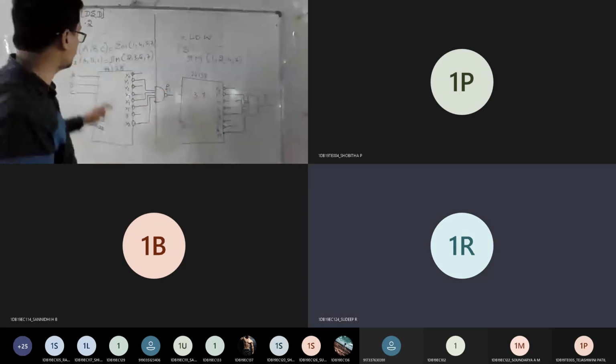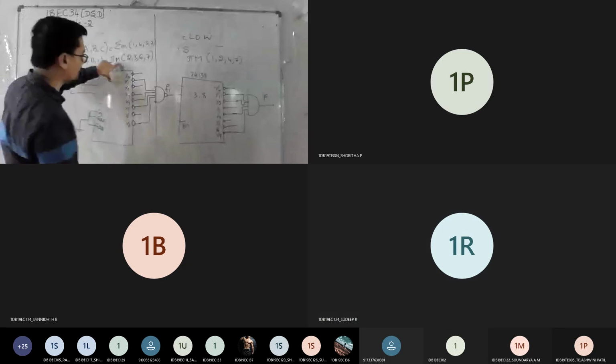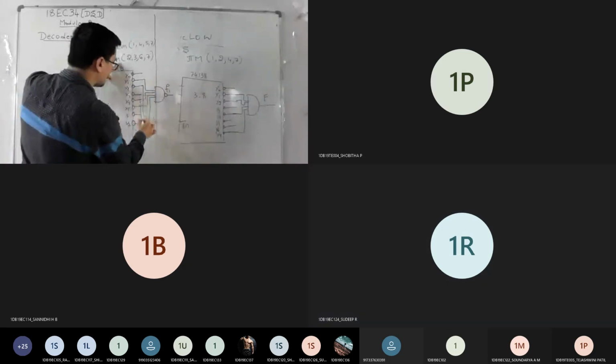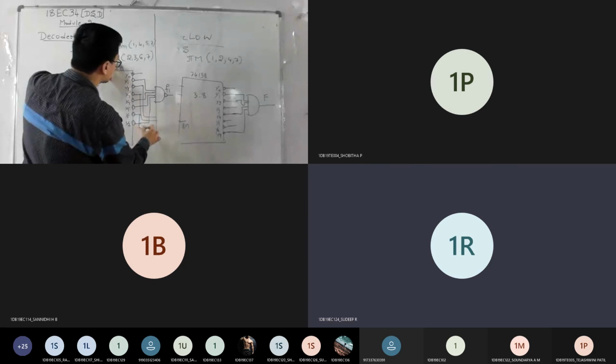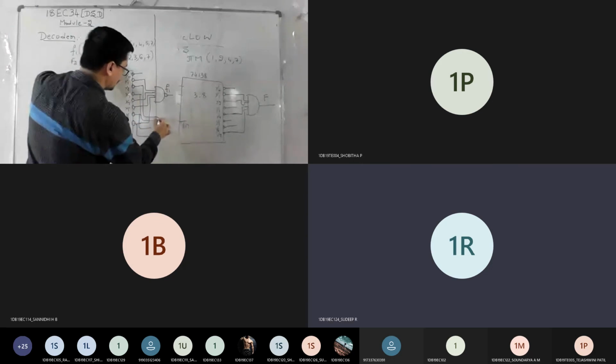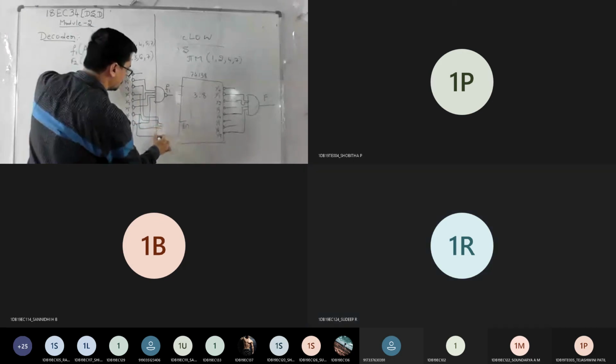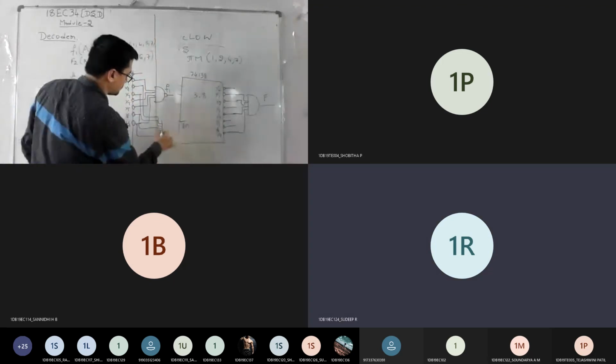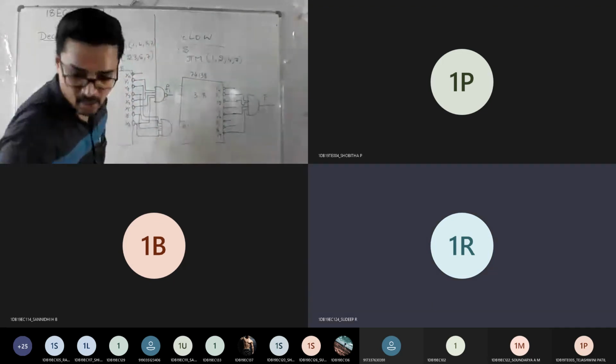Good. Similarly function 2, that is your POS form: pin number 2, pin number 3, pin number 6 and pin number 7. This should be given to which gate now? AND gate. So I hope everyone got the procedure now of how to solve.